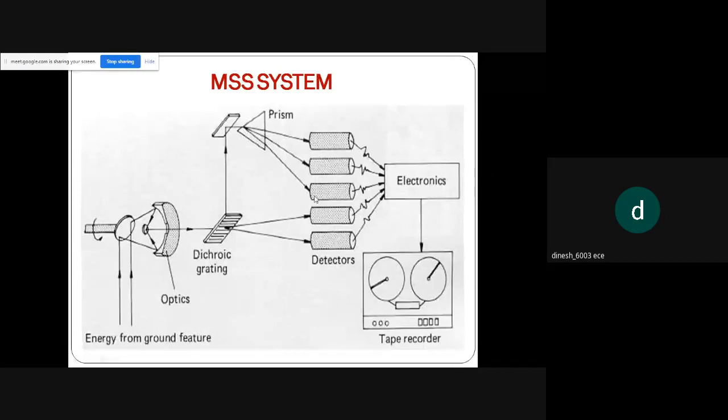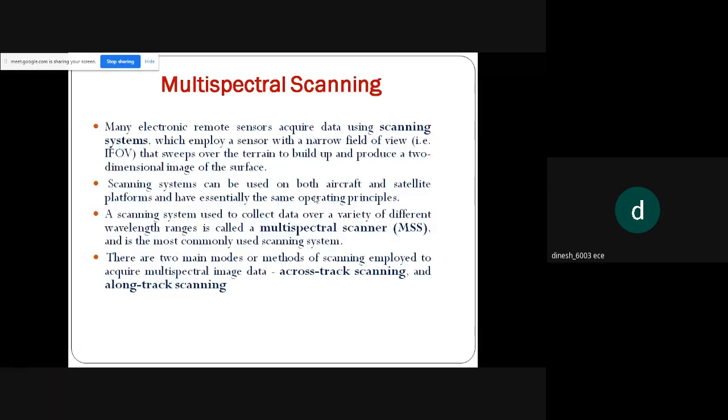So this is the multispectral scanner system diagram, how it works. Depending upon the wavelength being operated for the 4 bands, it will be split up for 6 detectors.